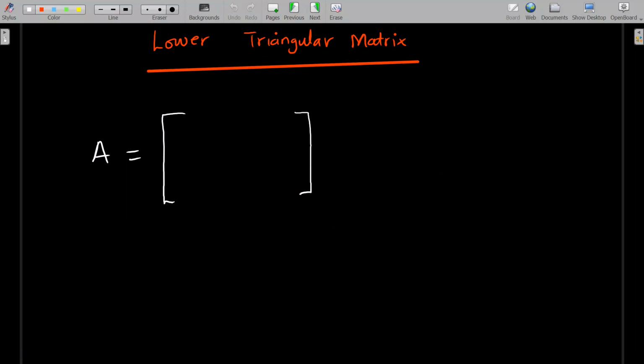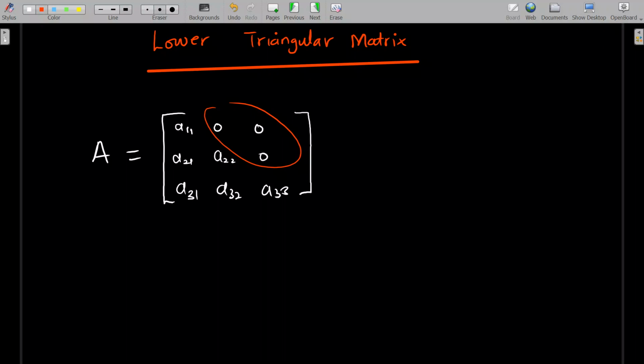We also have a lower triangular matrix, and of course that one has every element above the diagonal to be 0. A21, sorry, let me erase that. A21, A22, and then 0, A31, A32, A33. If all the elements above the diagonal are 0, then you have a lower triangular matrix.